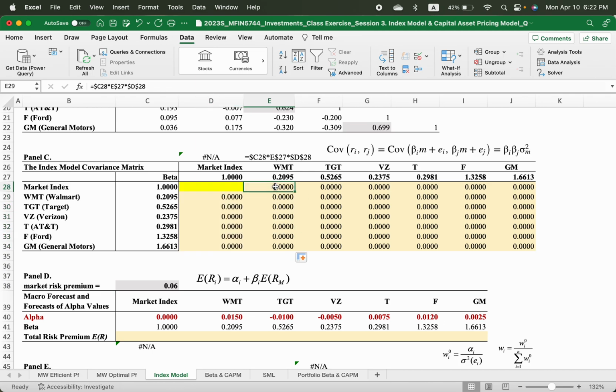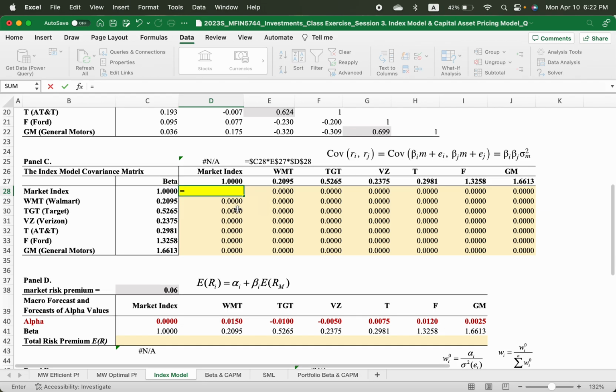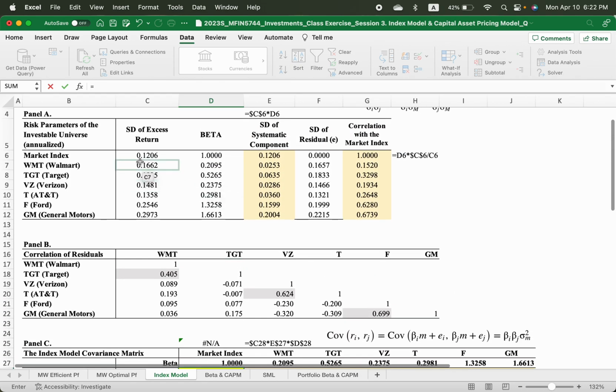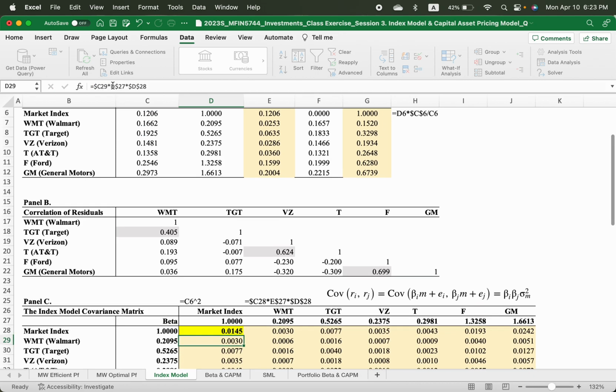Okay, so it doesn't produce anything because of the variance of the market index. So what is the variance? This must be now the standard deviation to the power of 2, which is the variance.